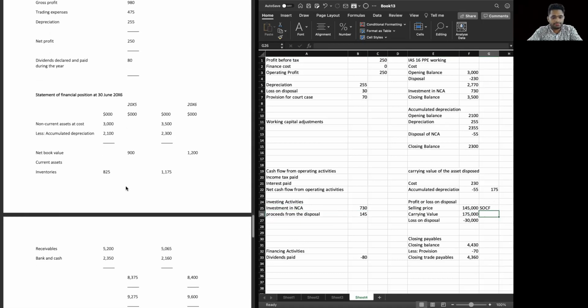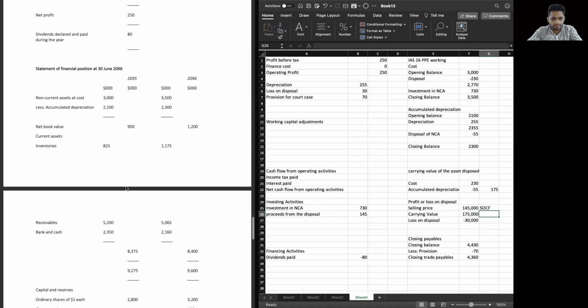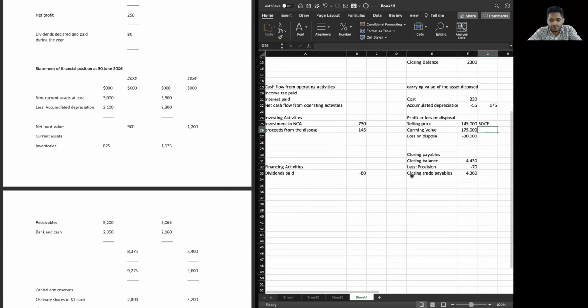Next, we will have our working capital adjustments coming in. So we will have our opening and closing balances.